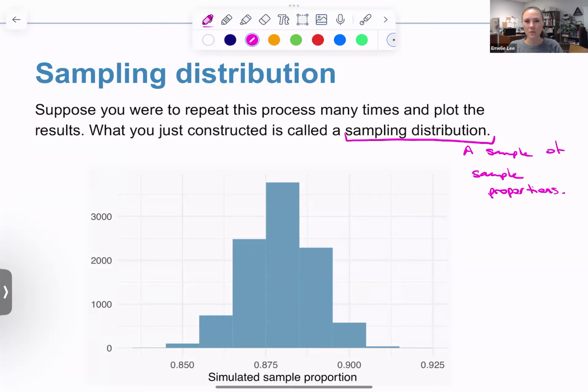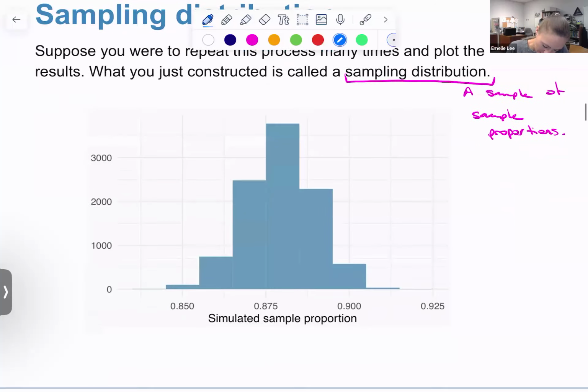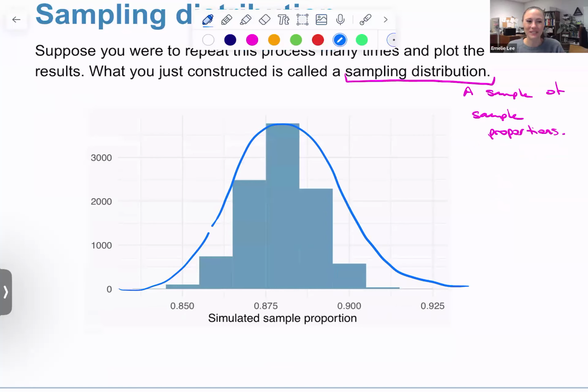So it's the distribution of the sample proportions. Now, this is a concept that takes a very long time to wrap your head around, and it's okay. You don't need to fully wrap your head around it, but we are going to leverage the normal distribution. And so what we find is that it's approximately normal.